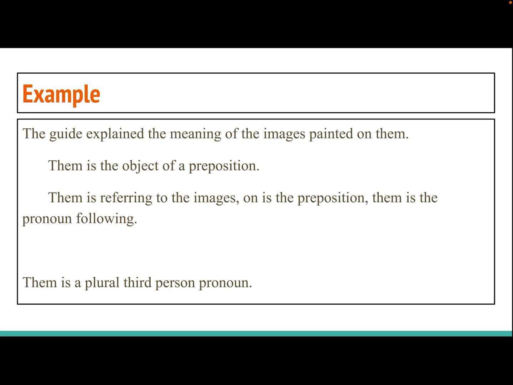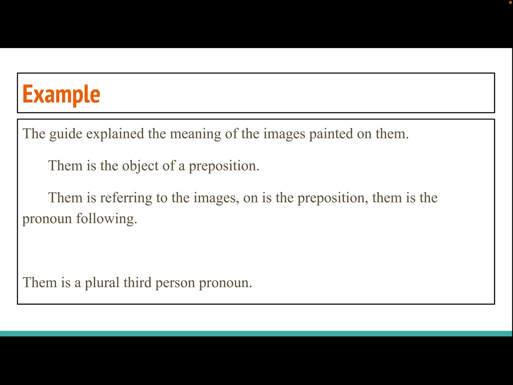The guide explained the meaning of the images painted on them. Okay, what is our pronoun in this sentence? It's them. Remember, them is a plural third person pronoun. Now we need to figure out what kind of pronoun them is, what it is acting as in this sentence.